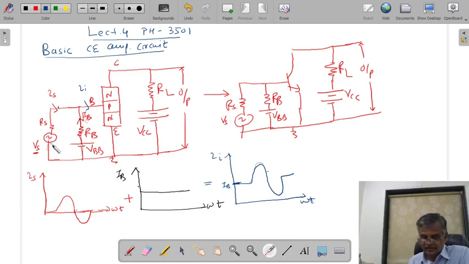So you can say this provides the AC, this is your AC signal, this is a DC signal. At this point you will get AC plus DC.